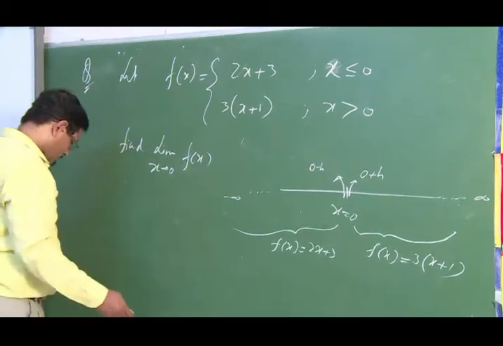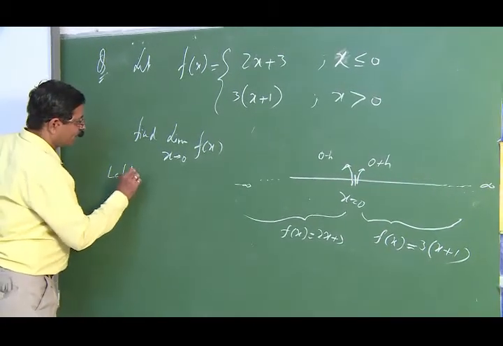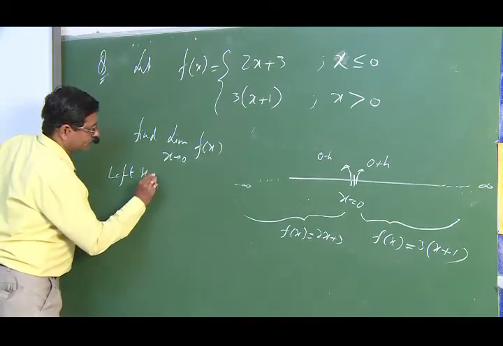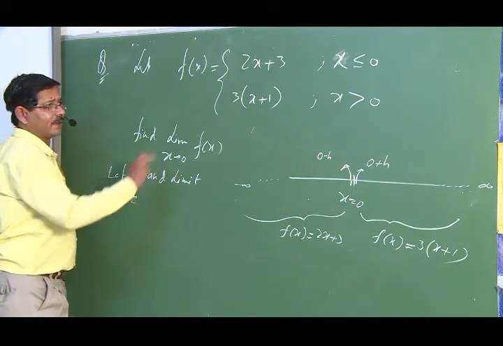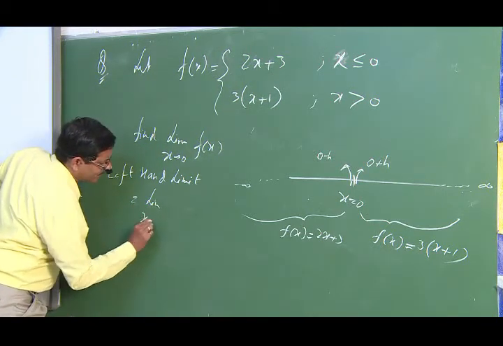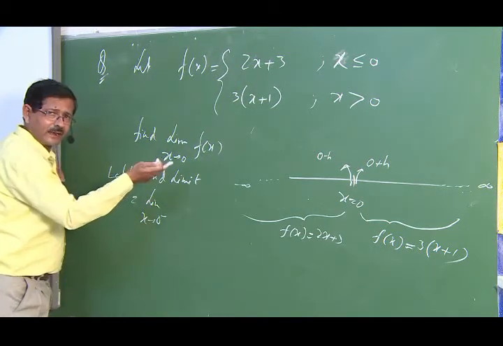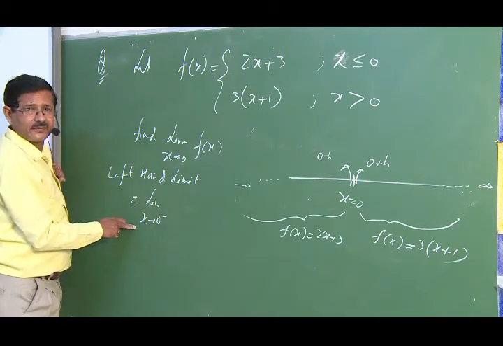For this, we find the left hand limit. Here the critical point is 0, so this is the limit x tending to 0 minus. For the left hand limit, put a minus sign here. This is only a symbol for the left hand limit.